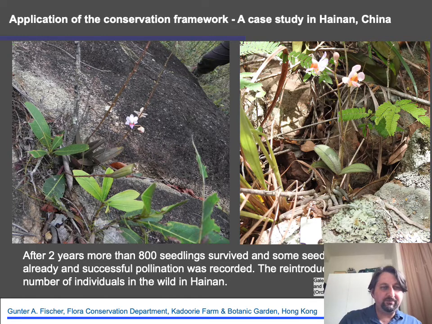After 2 years, more than 800 seedlings survived, and some seedlings had already been pollinated. We saw seed pods, and we also saw a lot of flowering plants. And so our reintroduction program actually doubled the number of individuals in the wild in Hainan. So we consider this a very successful reintroduction program.